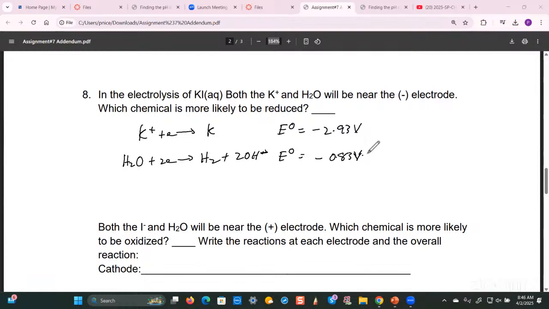This one. So that means that it's the water that will undergo reduction at the cathode. So that would be the answer for number 8. Now, in the case of this second part here, it says both the I minus and the water will be near the electrode. Which chemical is more likely to be oxidized?